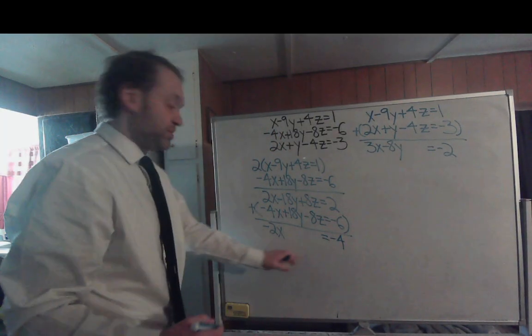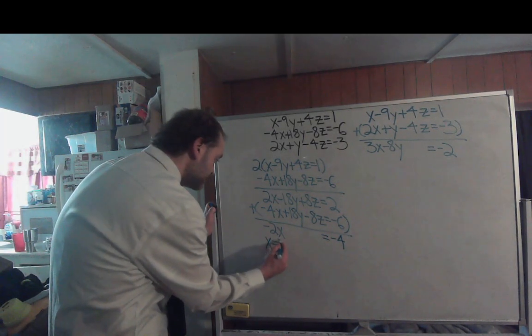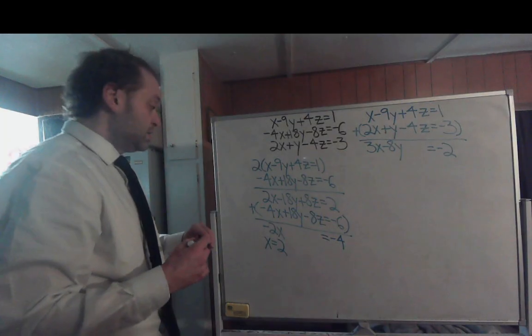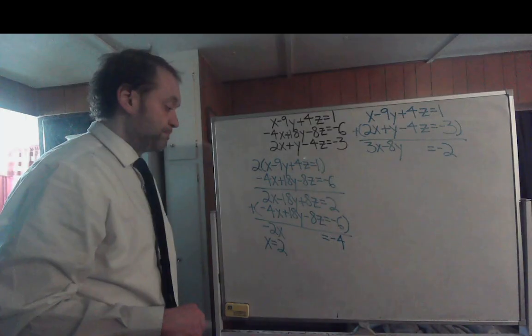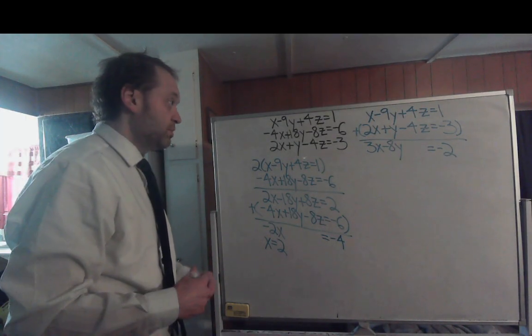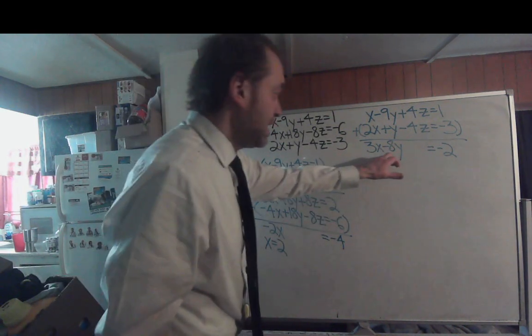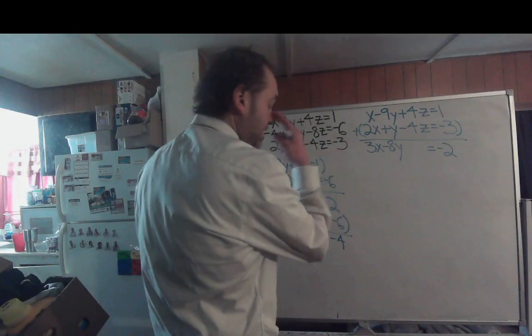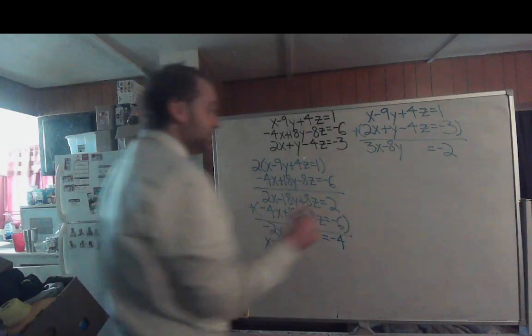So we're just left with negative 2x equals negative 4, which would give you x equals positive 2. So we inadvertently eliminated two variables again, which it's nice when it works out that way. Now, we could easily solve for y by putting this x value into the equation of 3x minus 8y equals negative 2.